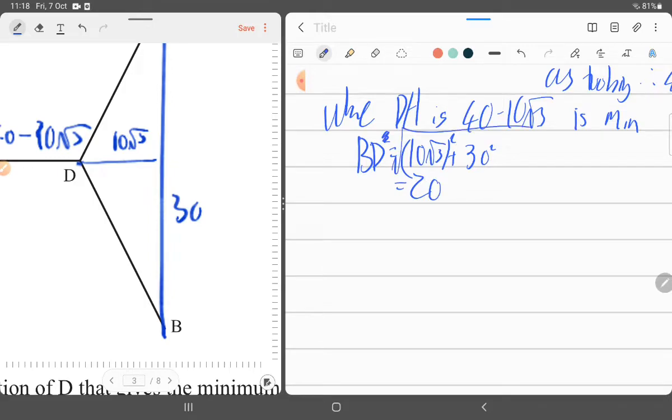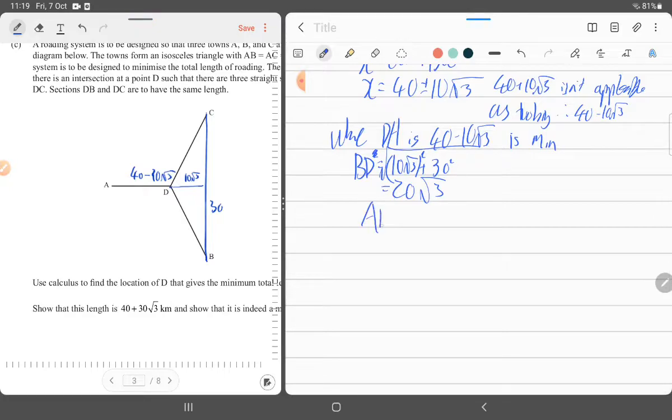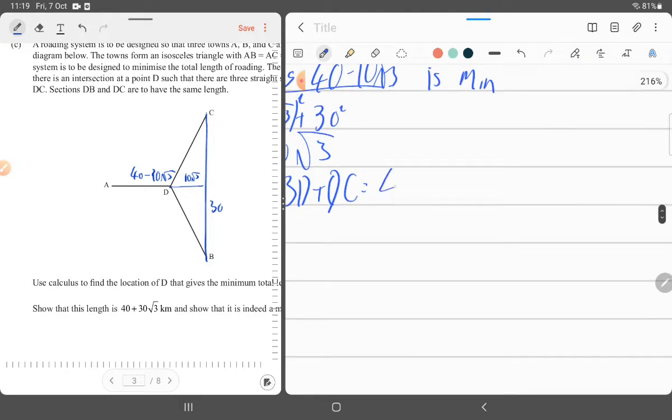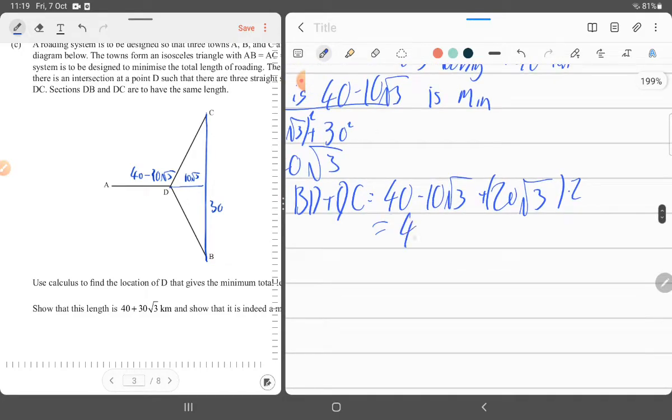Let's just square root that, then 20 square root of 3. So AD plus BD plus DC is equal to 40 take away 10 square root of 3 plus 20 square root of 3, two of them, which indeed is 40 plus 30 square root of 3 kilometers.